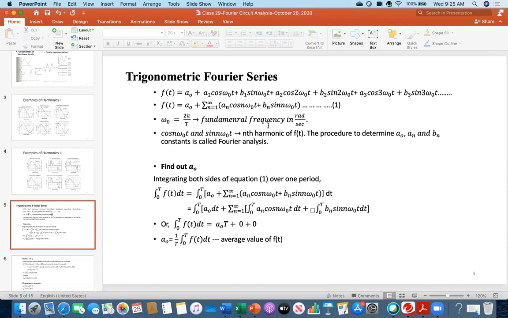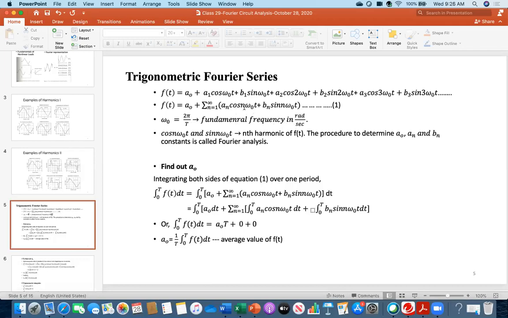Whatever the format is, whatever the number of n values is. So in this generalized equation, omega naught, as I said, is the fundamental frequency. You know omega is 2 pi f, and f is 1 over T, where T is the time period. I have written that fundamental frequency in radian per second.